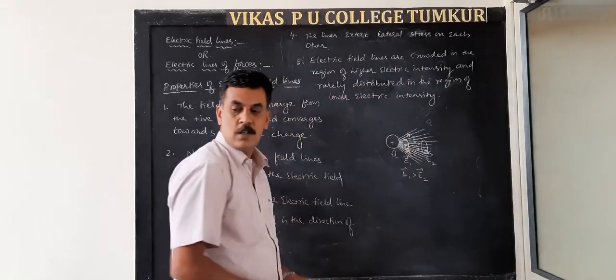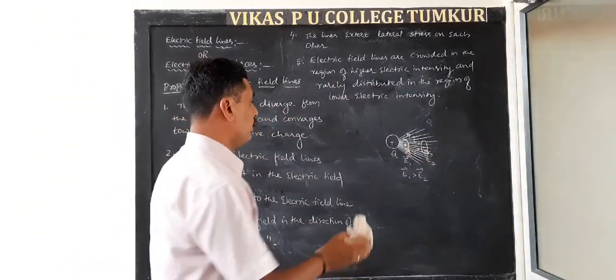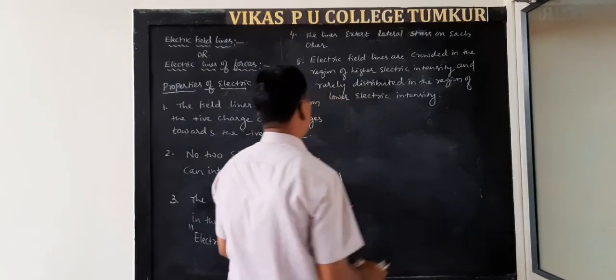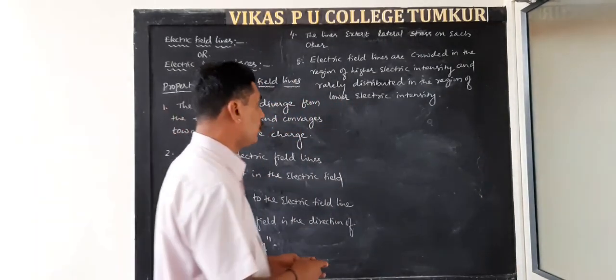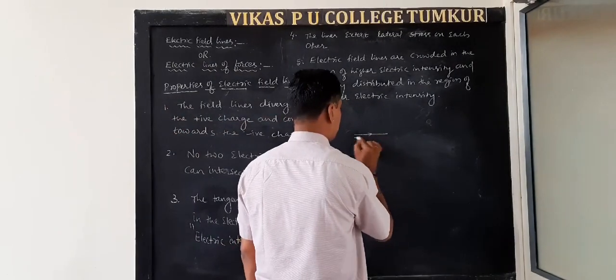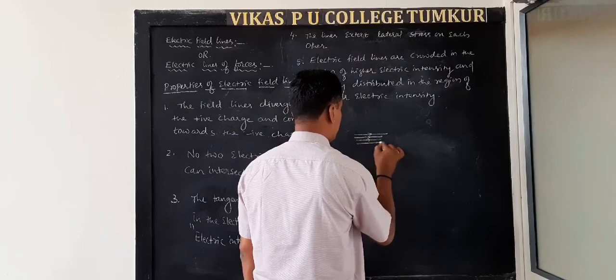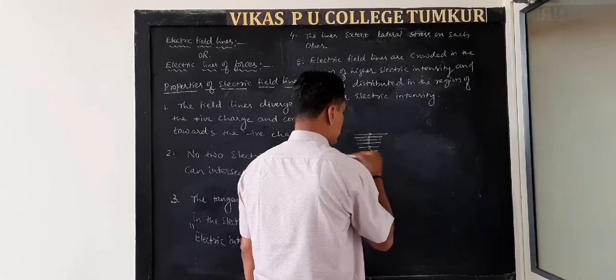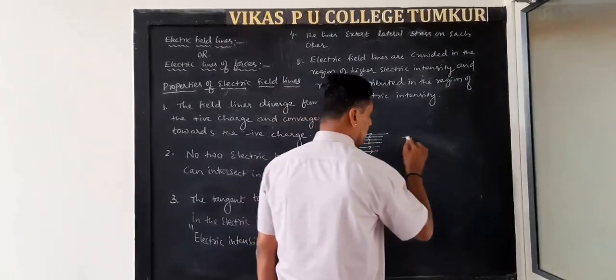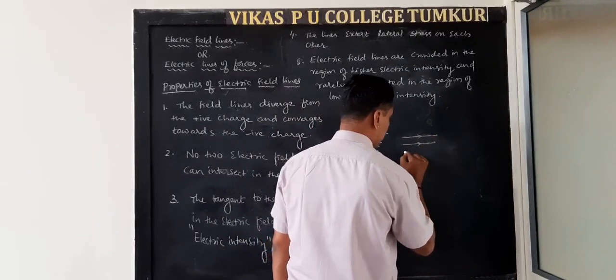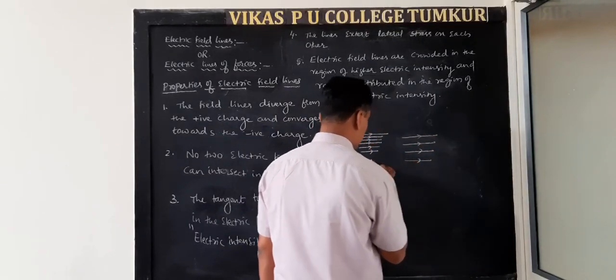Okay. So supposing somebody represents two field lines, two electric fields, close on this side. So this is an electric field. Somebody else will represent an electric field like this.